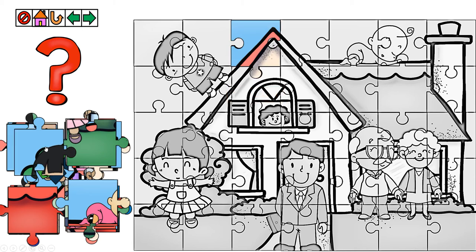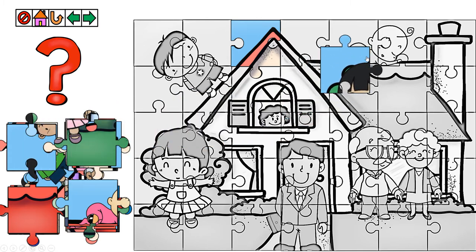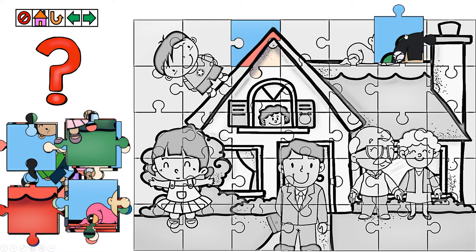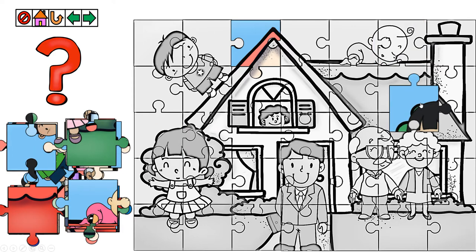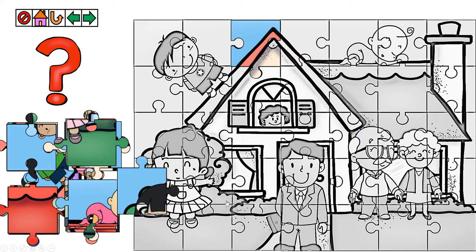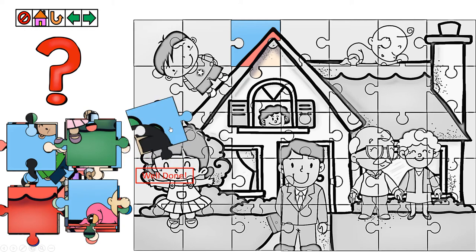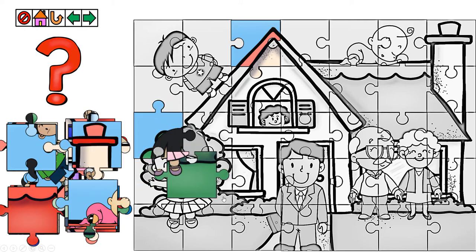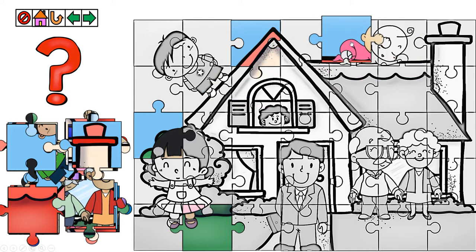If you put it in the wrong spot, like this for example, it's just going to go back to its original spot. We'll do the whole puzzle so you can see what it looks like when it's done. Oops, baby.